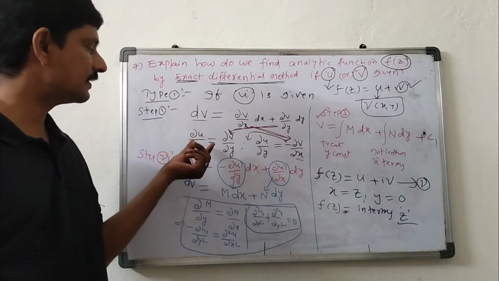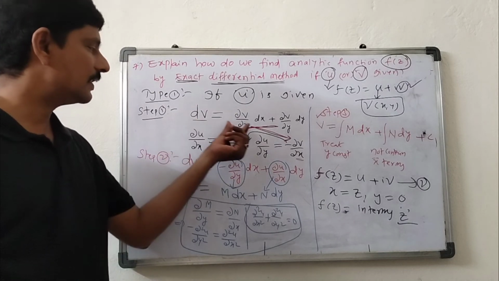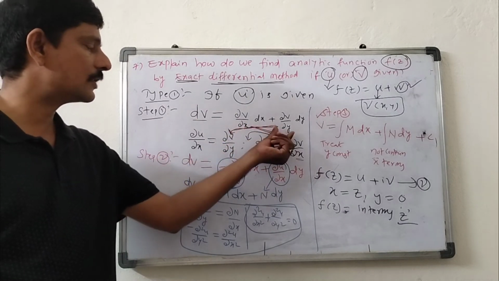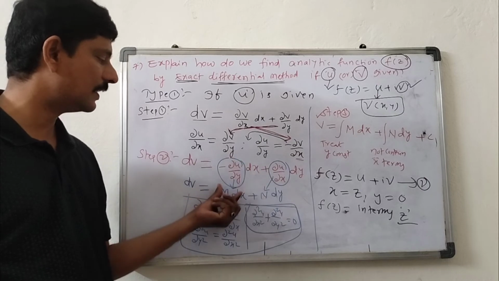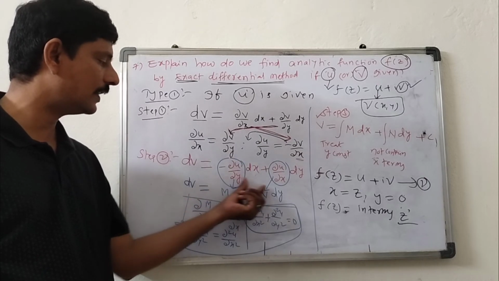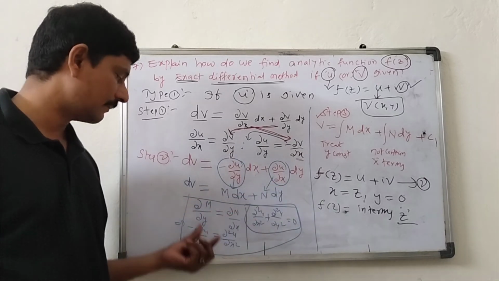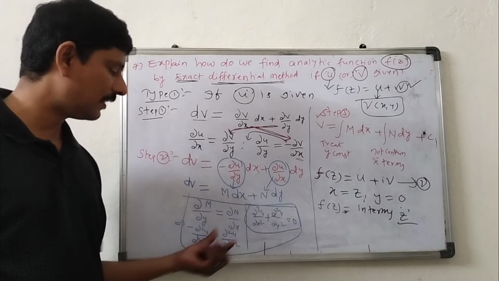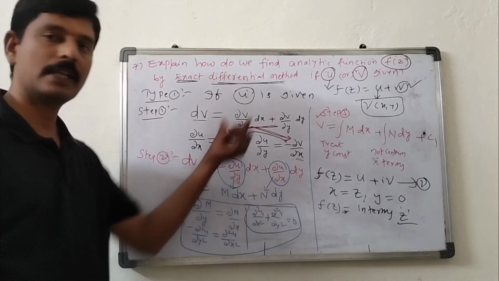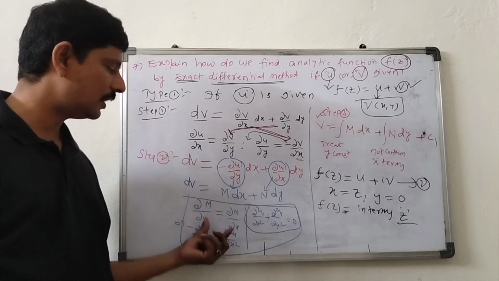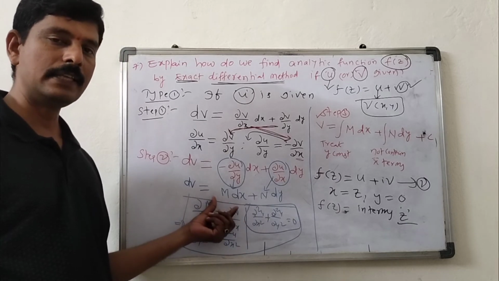Step number 1 is you have to take dv is equal to ∂v/∂x dx plus ∂v/∂y dy. Applying the Cauchy-Riemann conditions, we get dv as minus ∂u/∂y dx plus ∂u/∂x dy. Now comparing with M dx plus N dy, it is always a harmonic function because it is an analytic function. So no need of checking. It is obviously an exact differential.